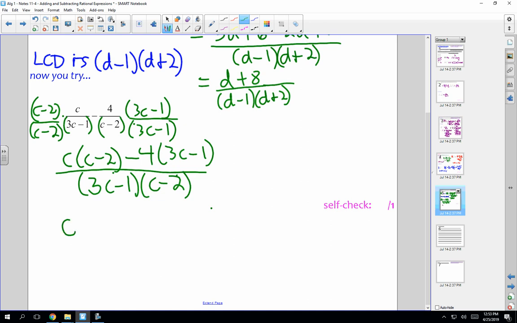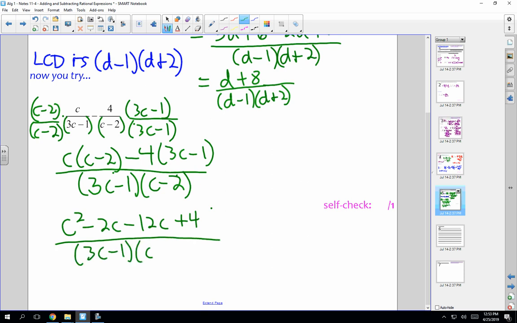Distributing, I get c squared minus 2c minus 12c plus 4 all over 3c minus 1, c minus 2.